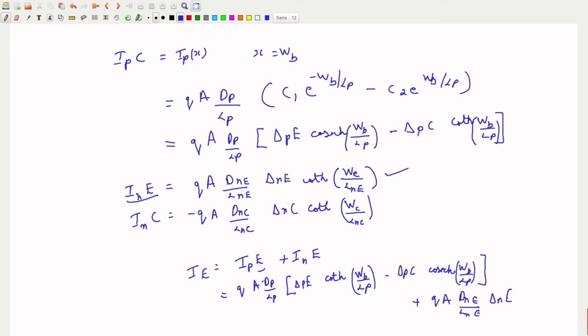Delta NE coth WE by LNE. This is the emitter current IE.